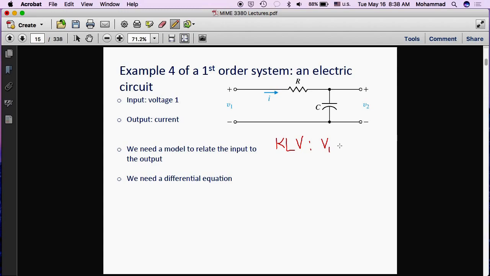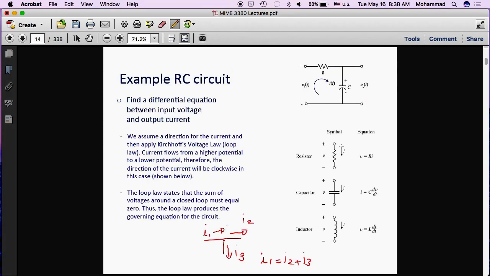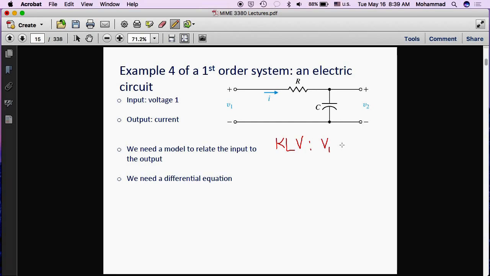What is the voltage drop across a resistor? Let's go back. What is the basic equation for a resistor? Voltage across it is equal to R times I. We capture voltage drop with a negative sign, so minus R times I.